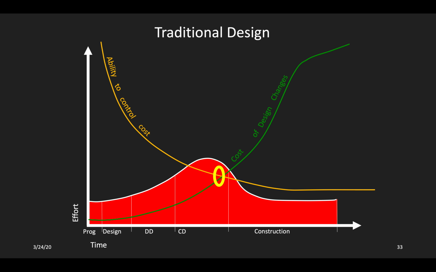To avoid paying more if we need to do a design change in later phases, there's one thing we can do. Oh, one thing I forgot to say here is that this traditional project or design process also results in a lot of litigation. If you have been working in the industry, you probably see this a lot, right?